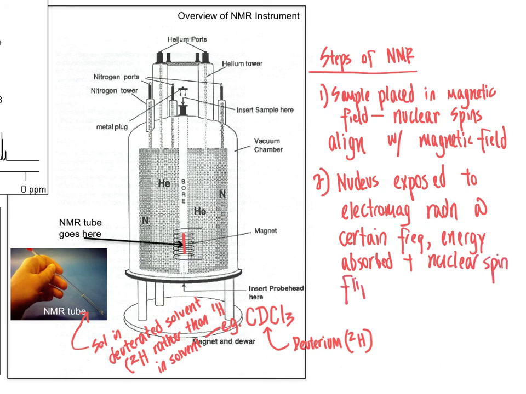For example, from positive to negative. And what we describe that flipping of spin states as is resonance. So resonance is going to be that flipping of the spin state.